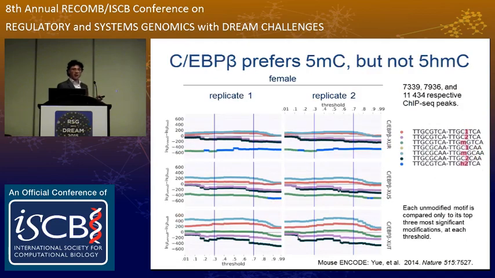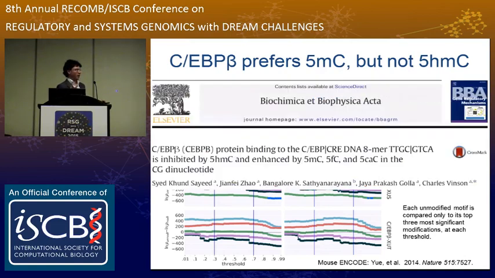And CBP beta, as I mentioned before, prefers 5-methylcytosine, but it also actually dislikes binding to 5-hydroxymethylcytosine. And we see that here with the ones above 0 being the methylated DNA generally, whereas the ones below 0 are for hydroxymethylated DNA, and that's saying that it does not prefer that, and that's also a known result.